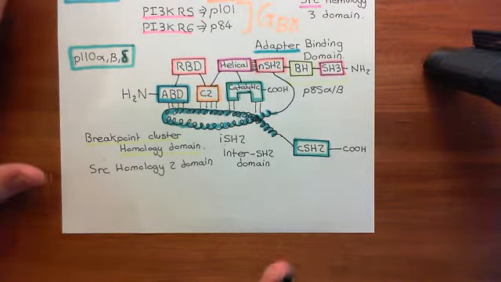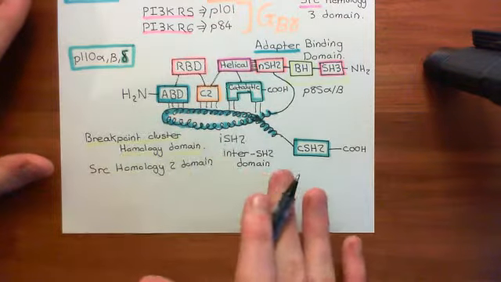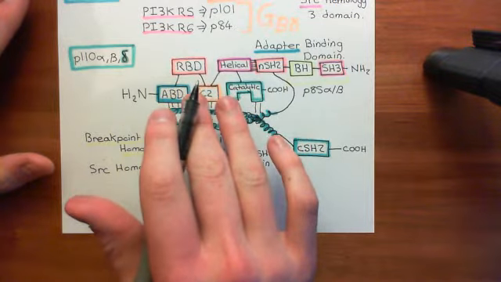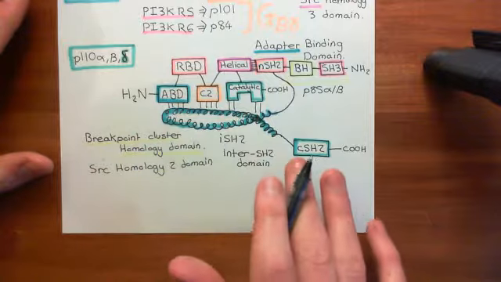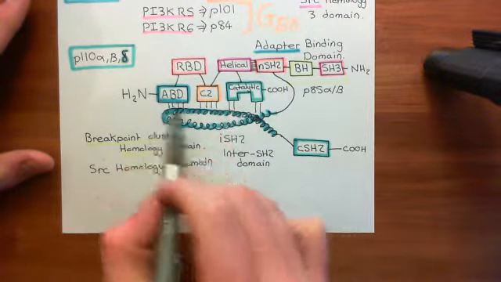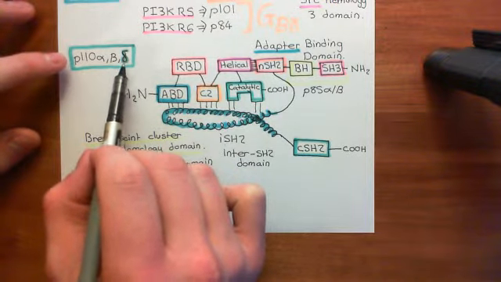Right. So that now is the complete structure of both the catalytic subunit and the regulatory subunit of the type 1A PI3 kinase enzyme. This could be either a P110 alpha, a P110 beta, or a P110 delta.